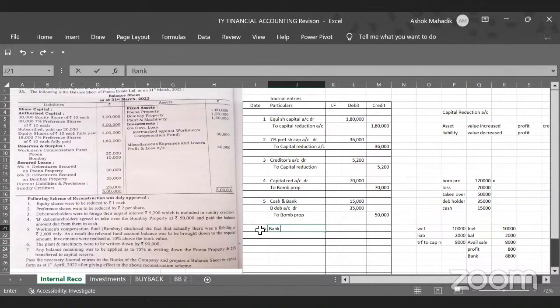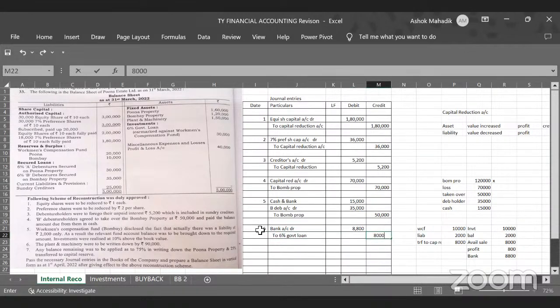Bank account debit. How much we are receiving? 8,800, right? So that investment is going out, to 6% government loan. It was worth 8,000.